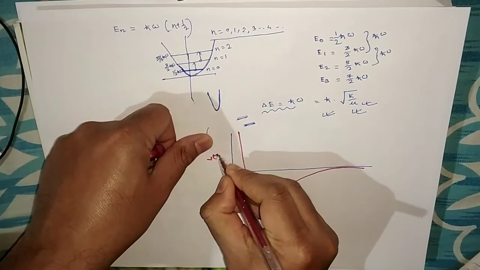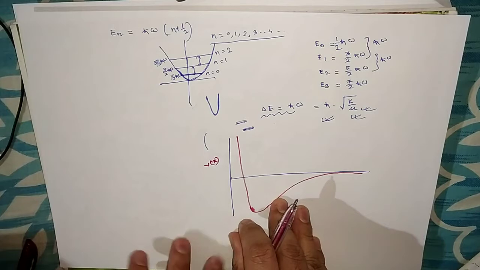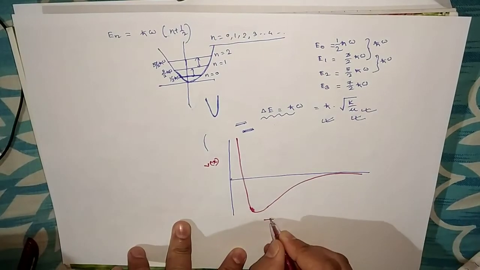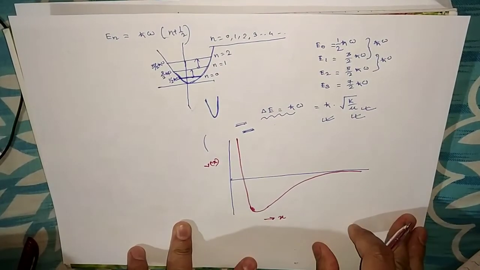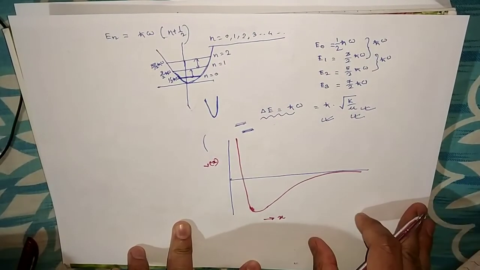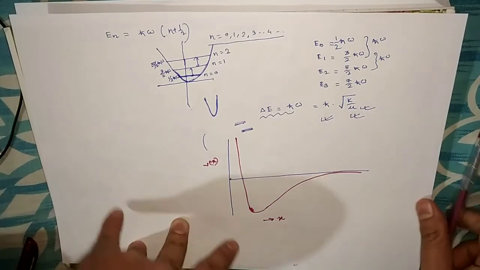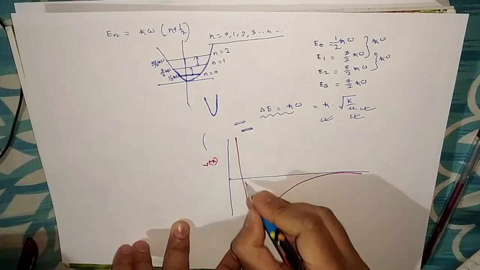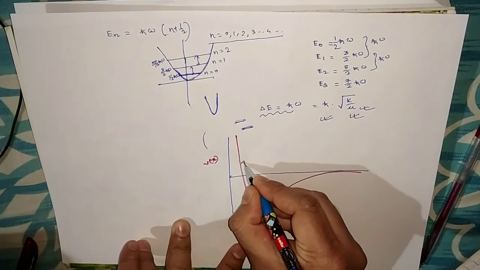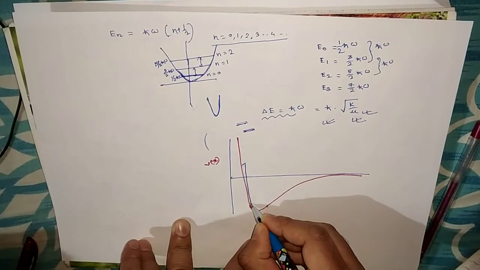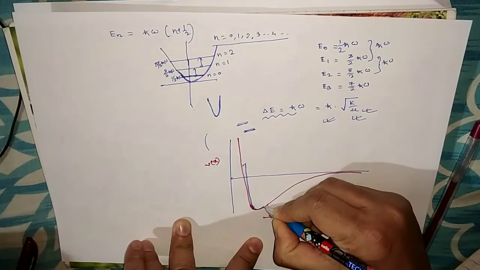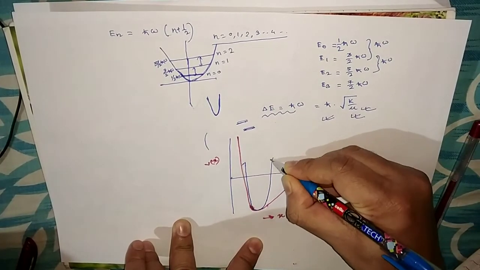On the y-axis is the potential, and on the x-axis is the deviation from the equilibrium position. And our quantum mechanical system that we have derived is looking like this one, parabolic.